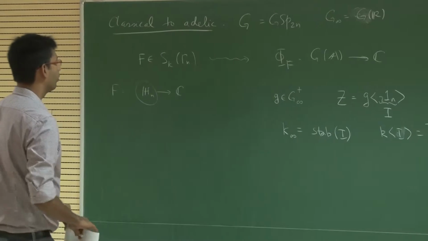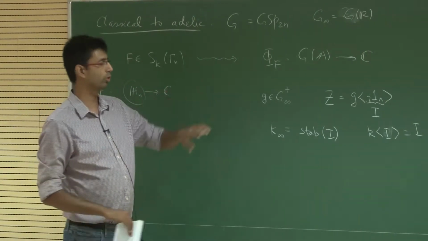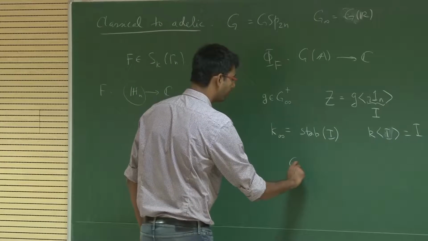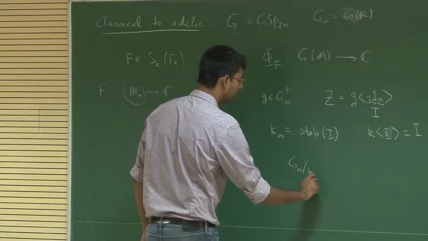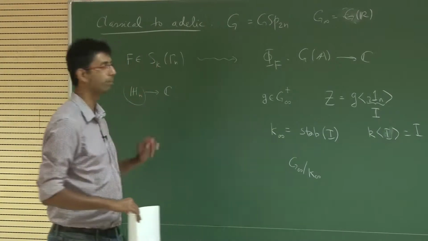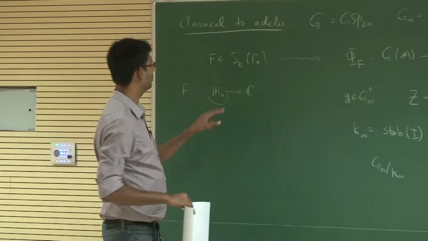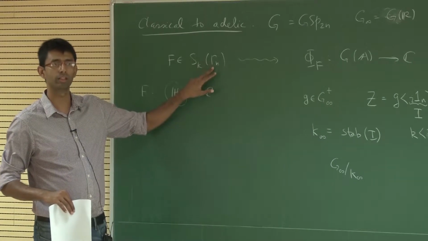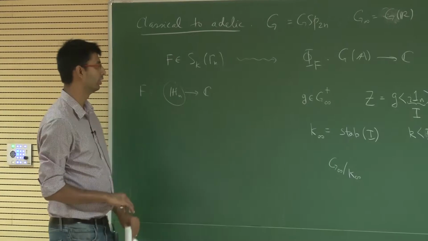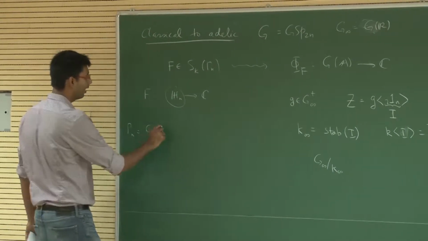So essentially, I have a function on H_n and I want to somehow go to the group, so I have to define it on G_∞ mod K_∞, because this is my Siegel upper half plane. But on the other hand, I don't want a random function, I want some special property with respect to Γ_n, some automorphic condition. So what is Γ_n? It is G(Z).